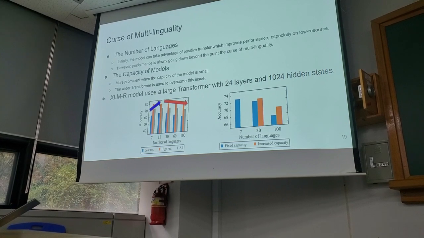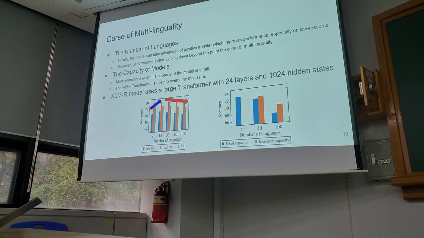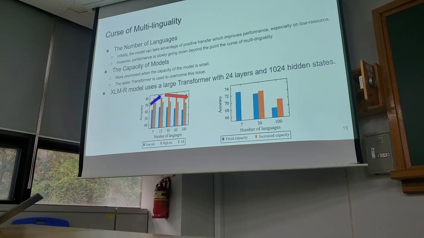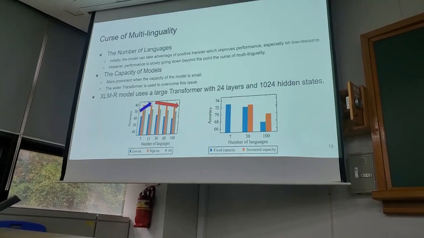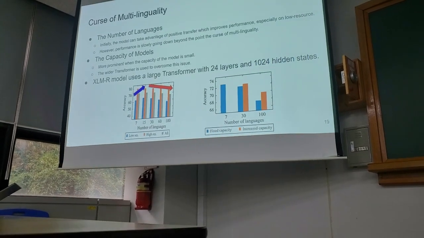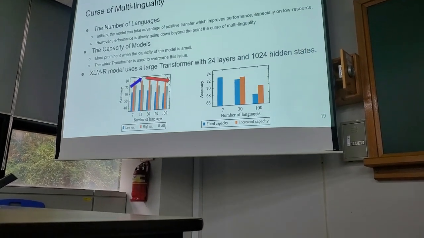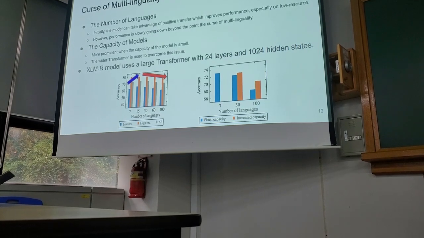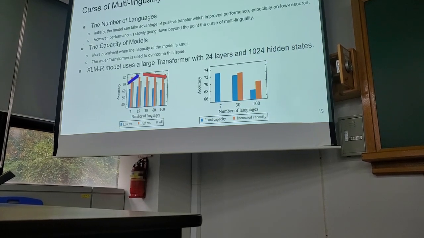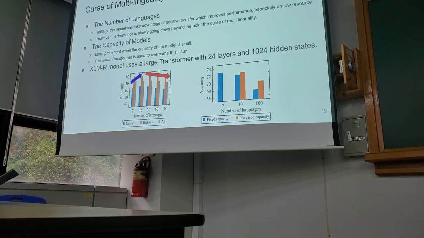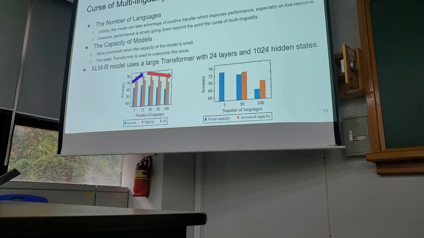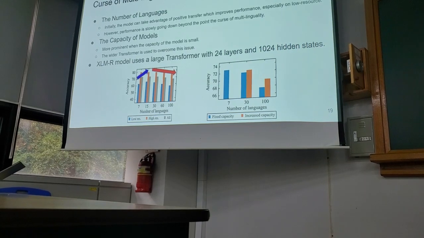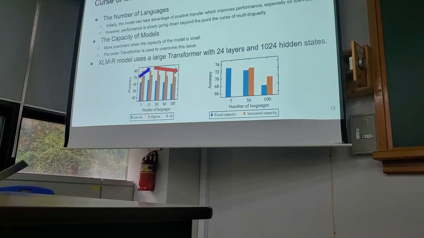First of all, I will explain the number of languages and the capacity of models. As you can see in the left figure, from 7 languages to 15 languages, the model can take advantage of positive transfer to improve performance, especially on low resource languages. However, after 15 languages, the performance slowly goes down.